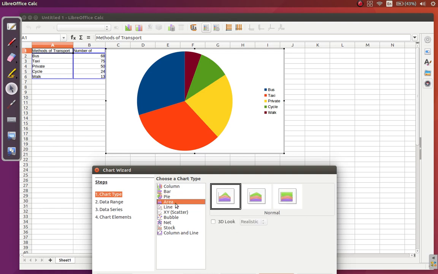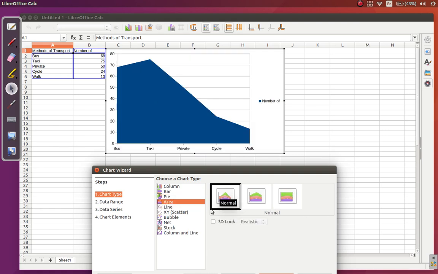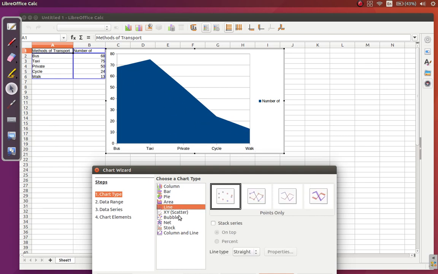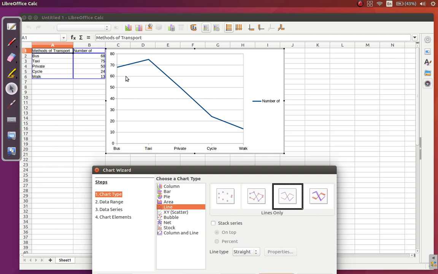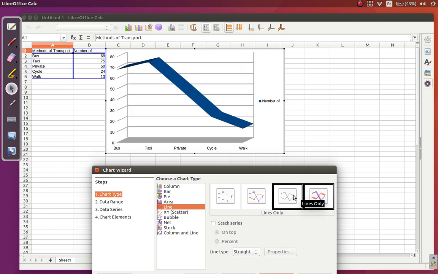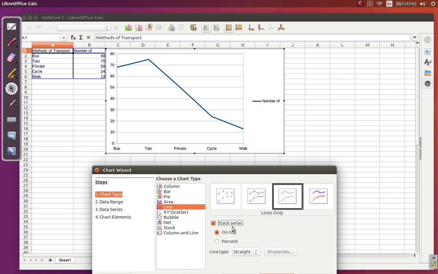You have here what they call the area chart. The areas under the curve represent the data. You have the line. This is a line graph, right? And you can make the line look 3D. It's like this. So you have those ways that you can make it look.